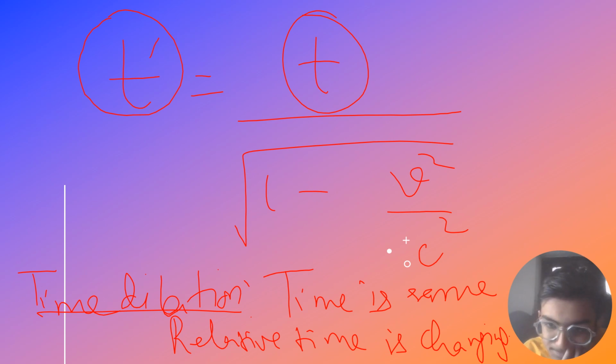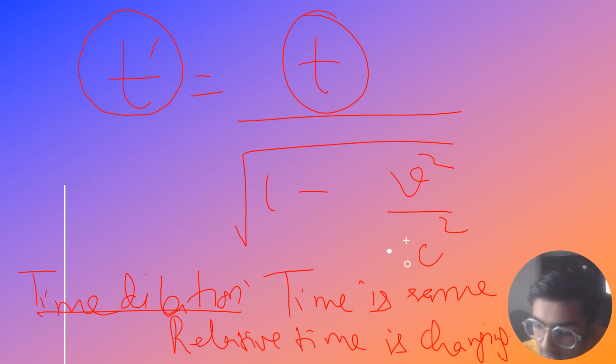The same we'll discuss for mass energy equivalence also. So time dilation doesn't mean that in this particular event the time is this, and in some other event the time is different. We are discussing the relative nature of time.